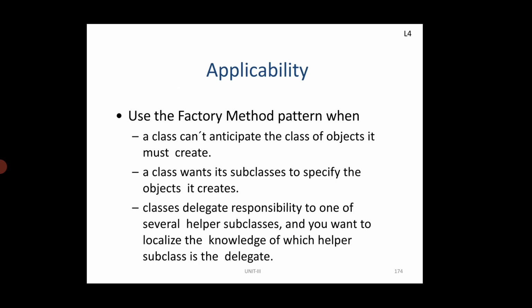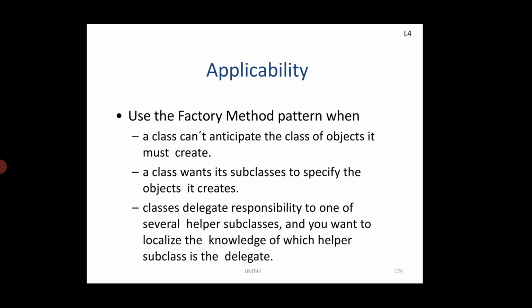We use the factory method pattern when a class can't anticipate the class of objects it must create. We want to create some objects, but the class can't anticipate the class of the particular objects it must create.